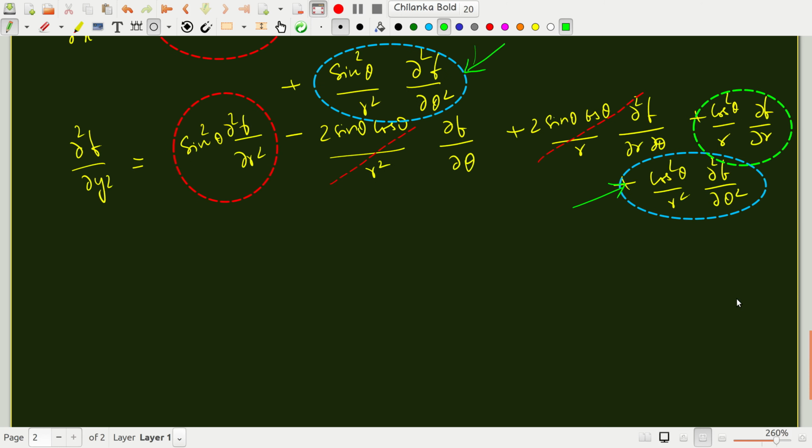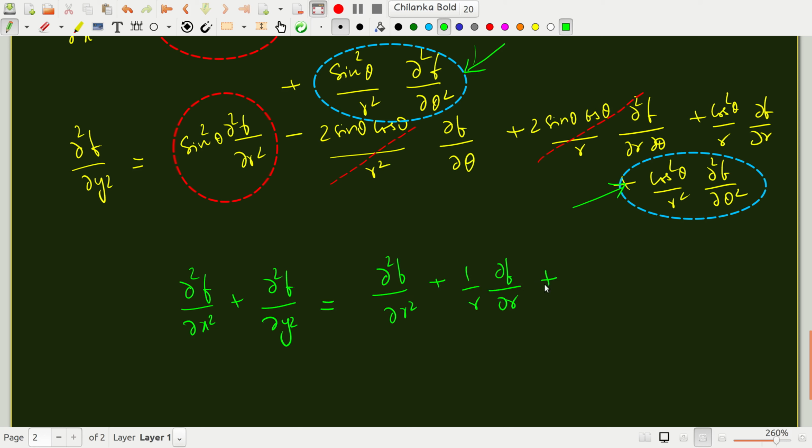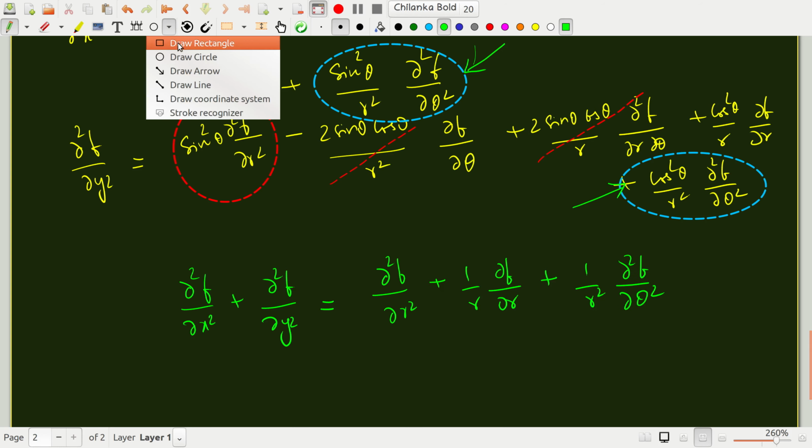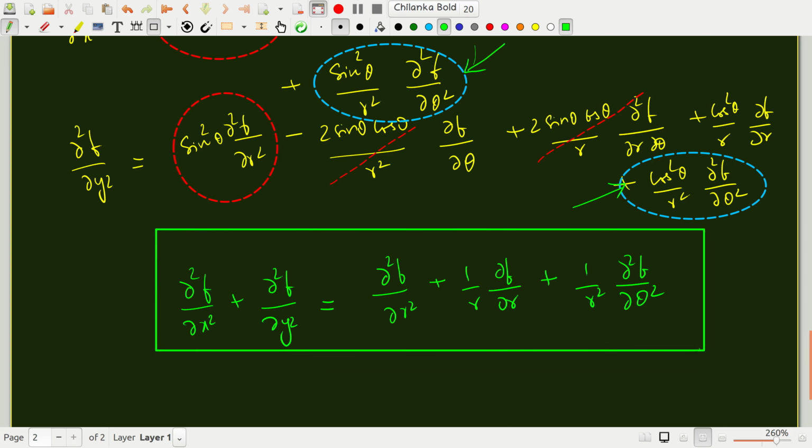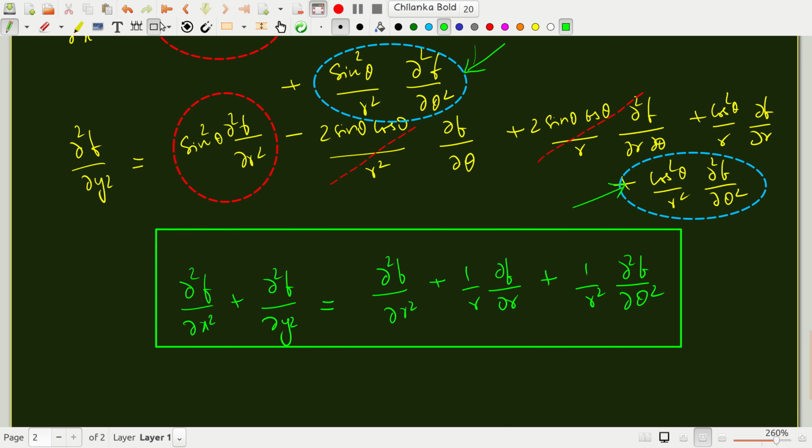So, finally, after all the simplifications, you will get partial squared f by partial r squared plus 1 by r partial f partial r plus 1 by r squared partial squared f by partial theta squared. So, this is a very standard result for conversion of Laplacian from Cartesian to cylindrical polars.